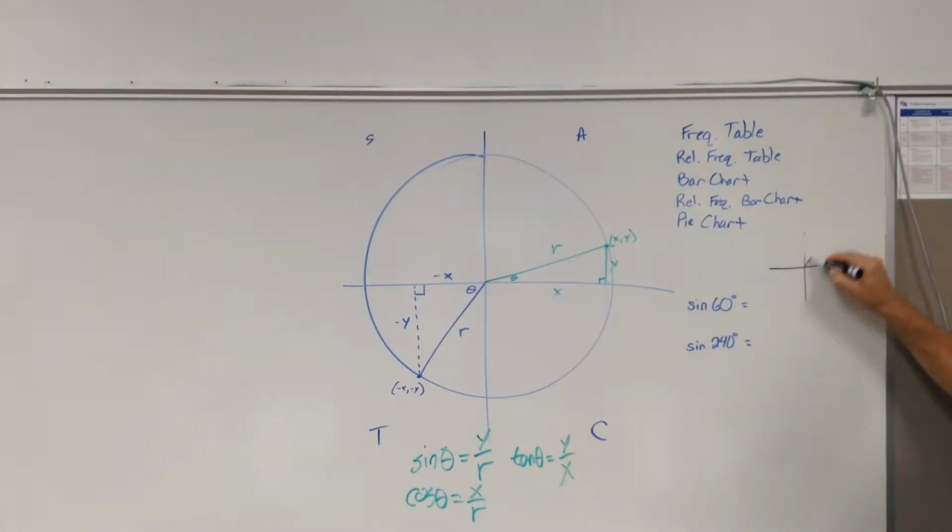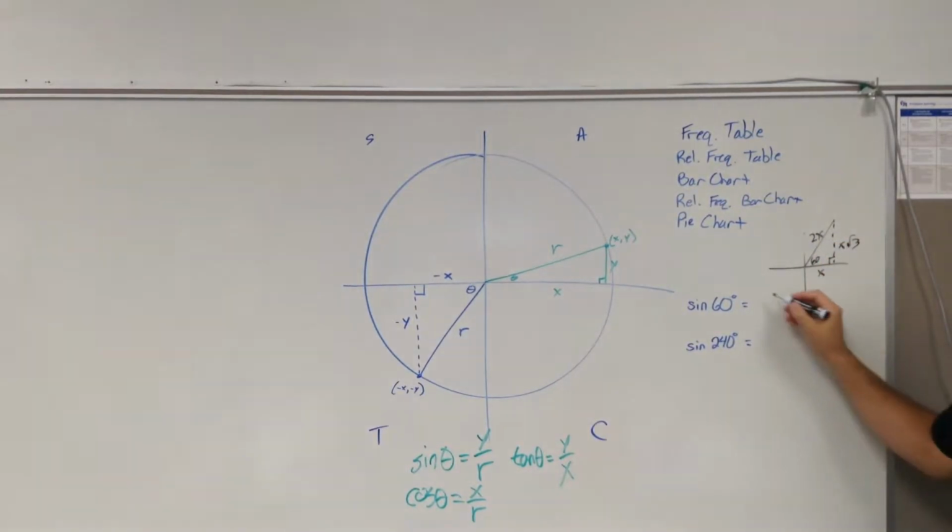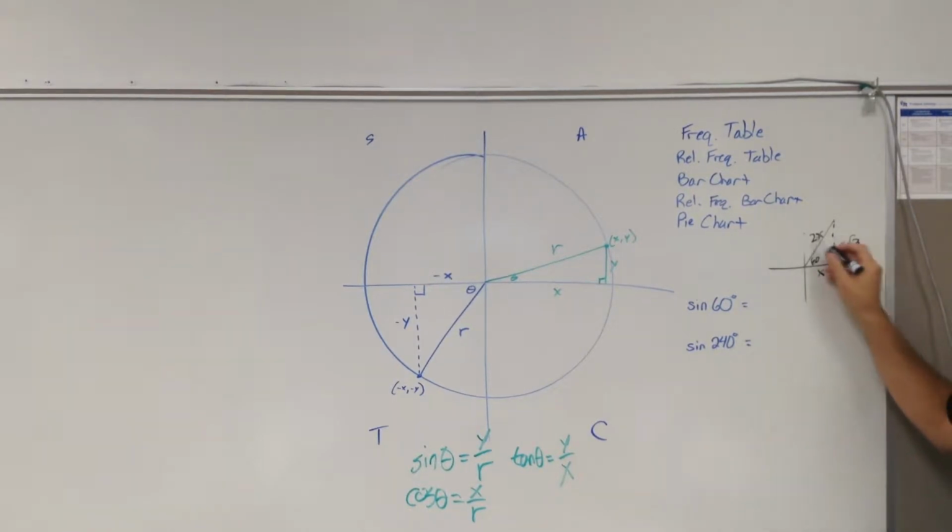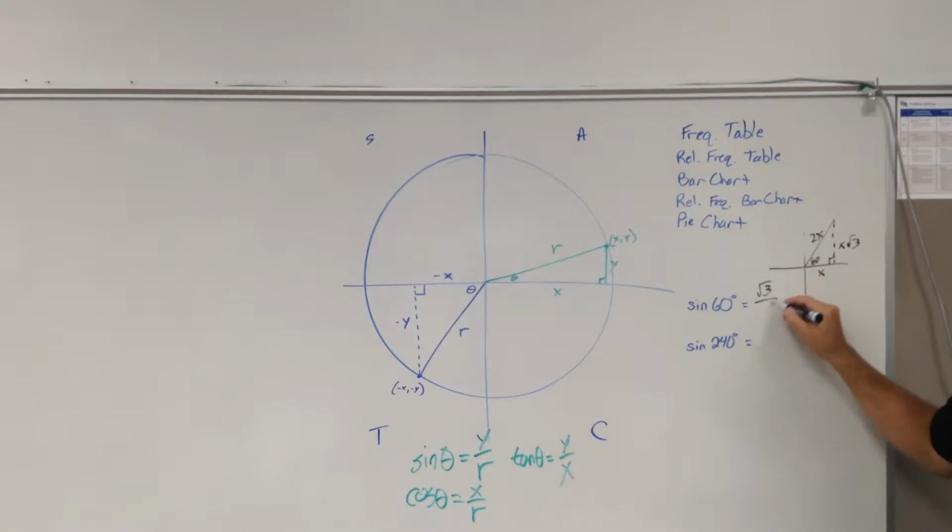Draw that little 60-degree angle, make a right triangle, label the sides, and then do sine, right? Opposite over hypotenuse. x root 3 over 2x would reduce to root 3 over 2, right? Okay?